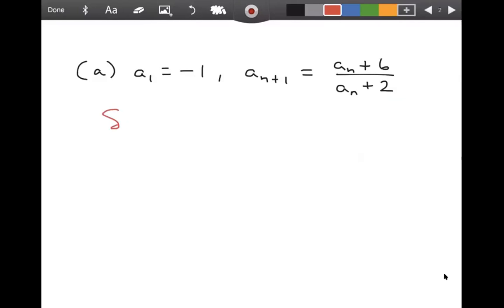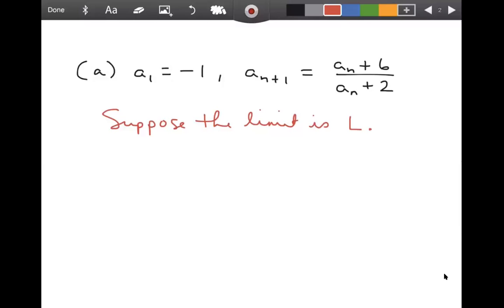So suppose the limit of this sequence is L. Okay. Well, what would happen as you run through more and more terms of this sequence, and you get closer and closer to L, the terms of the sequence won't change all that much.